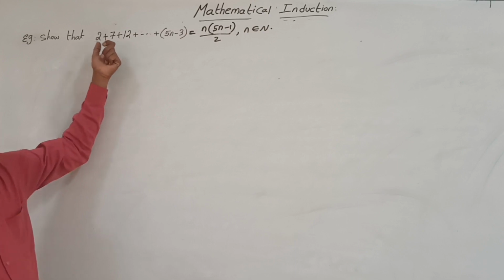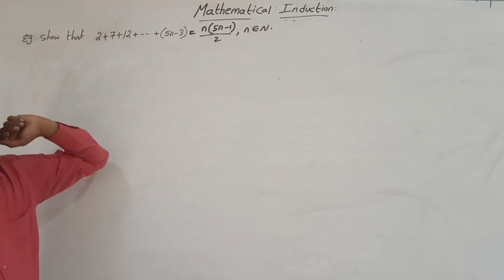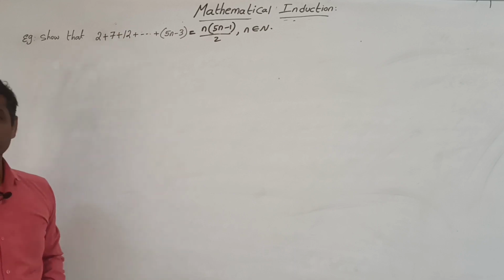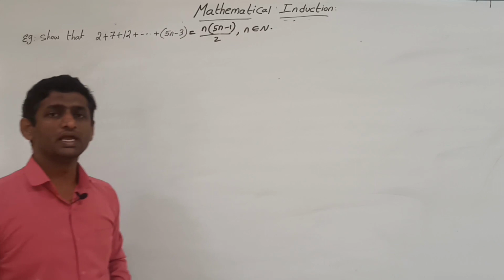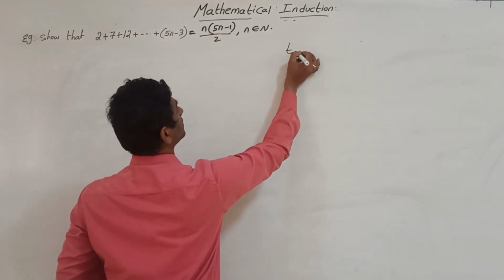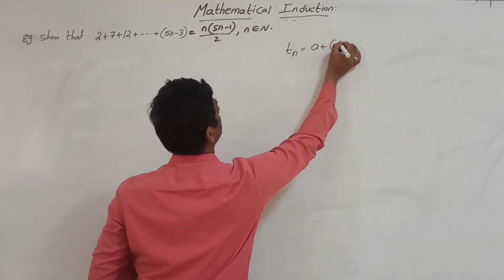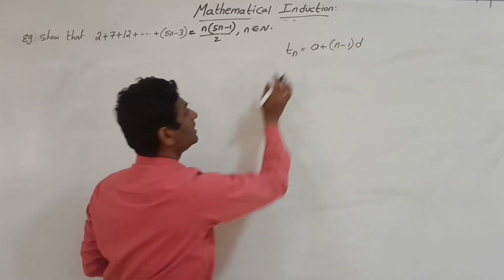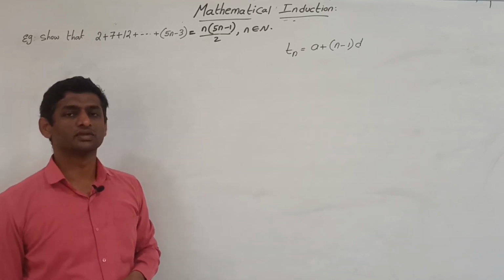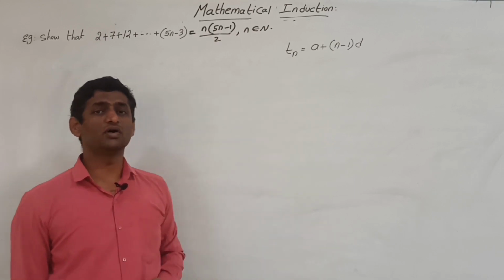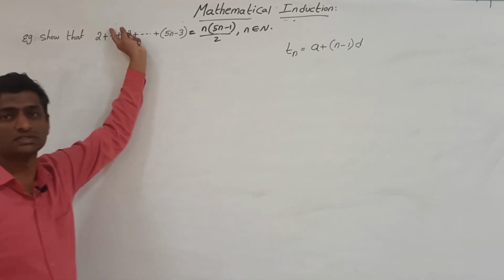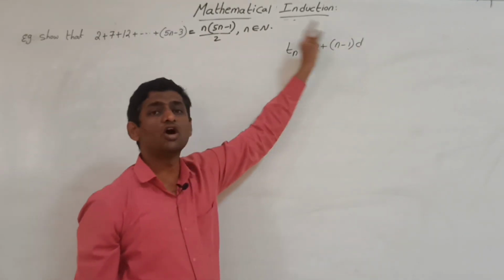if you observe the first, second, third, 2, 7, 12, it is in arithmetic progression, and you know how to find the nth term in an arithmetic progression. That is, Tn is a plus n minus 1 into d, where Tn indicates the nth term of the arithmetic progression, a is the first term of this sequence and d is the common difference.